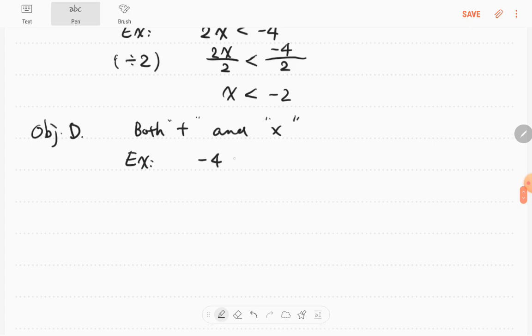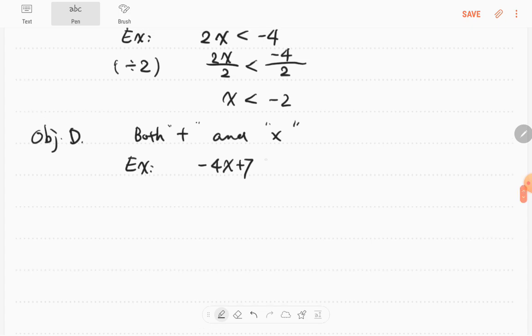So it's very similar to solving an equation, but the only difference is when we try to divide or multiply by a negative number, the direction of the inequality symbol should change. So the remaining part is just the same. So let's check this question. First of all, we should isolate the x term.